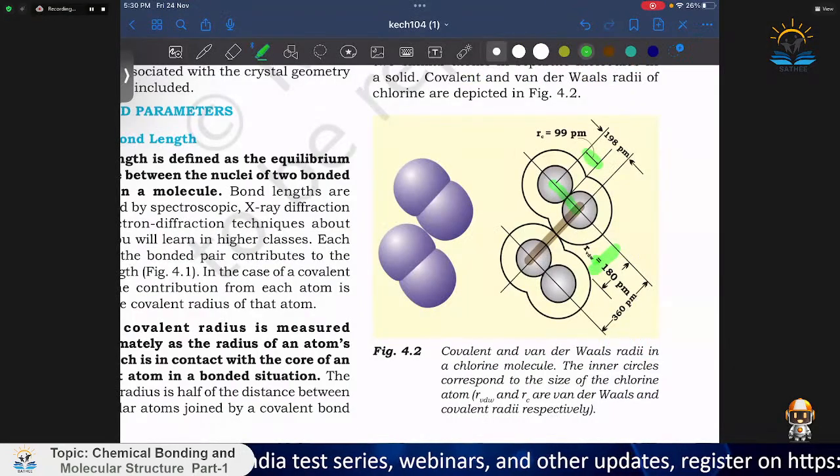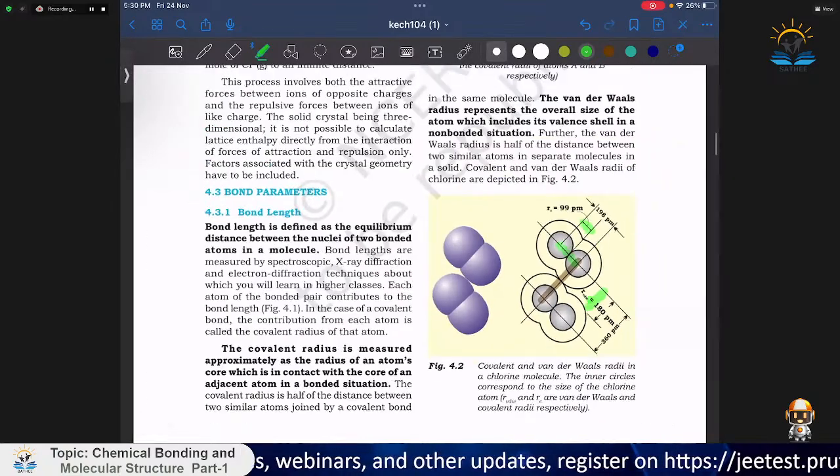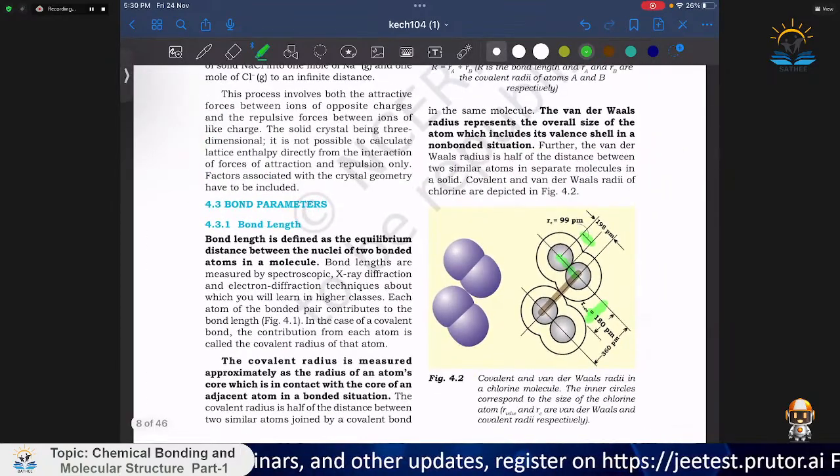Bond length, right? Van der Waals radius is usually higher.